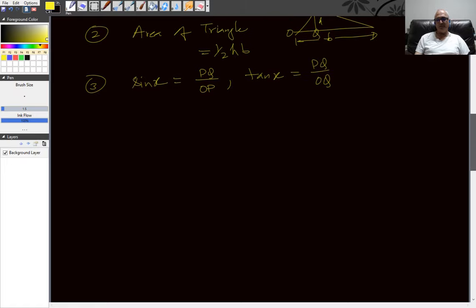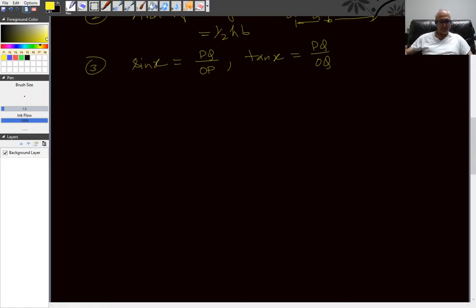Now we jump into the solution. So this is a quarter circle and this is a unit circle, meaning radius is equal to 1.